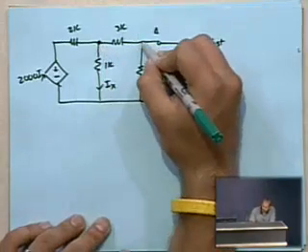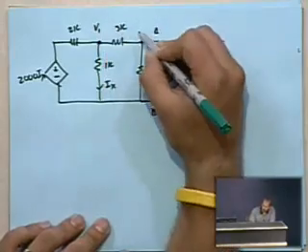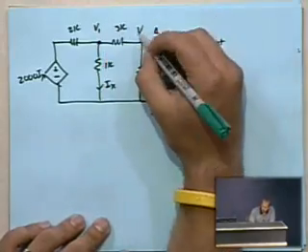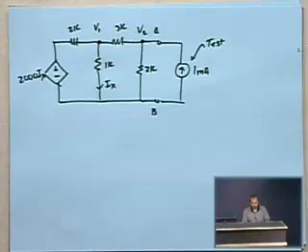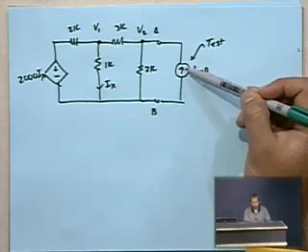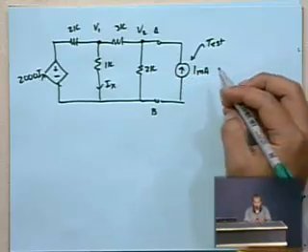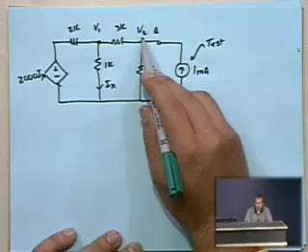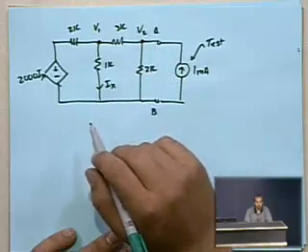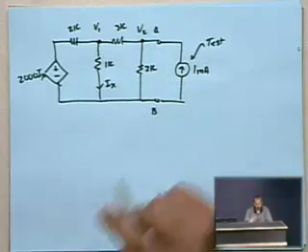So I think the easiest way to do this one will be a nodal analysis, because what we need to solve for in the first place is the voltage across this 1 milliamp source. That's what we need to solve for. And essentially once we get the value for V2, we have what we need to do this one.